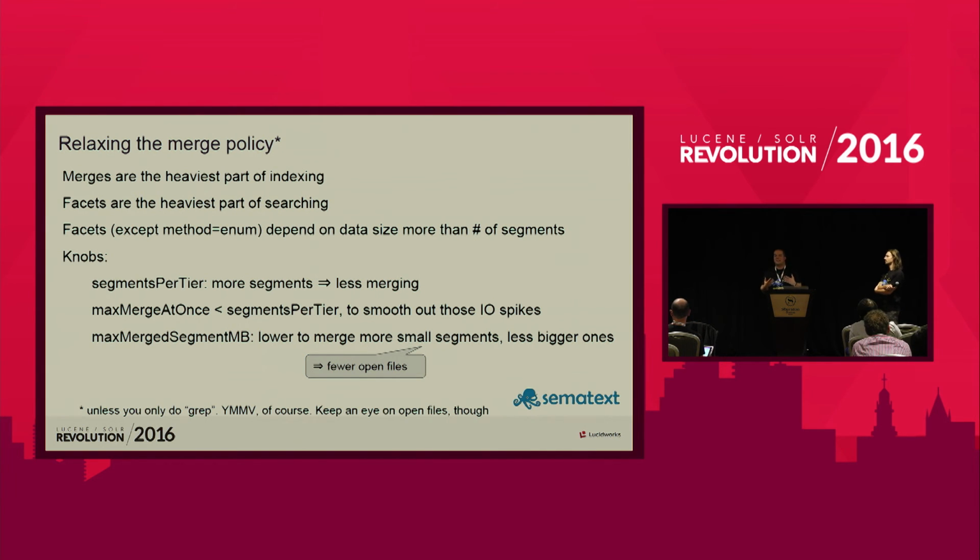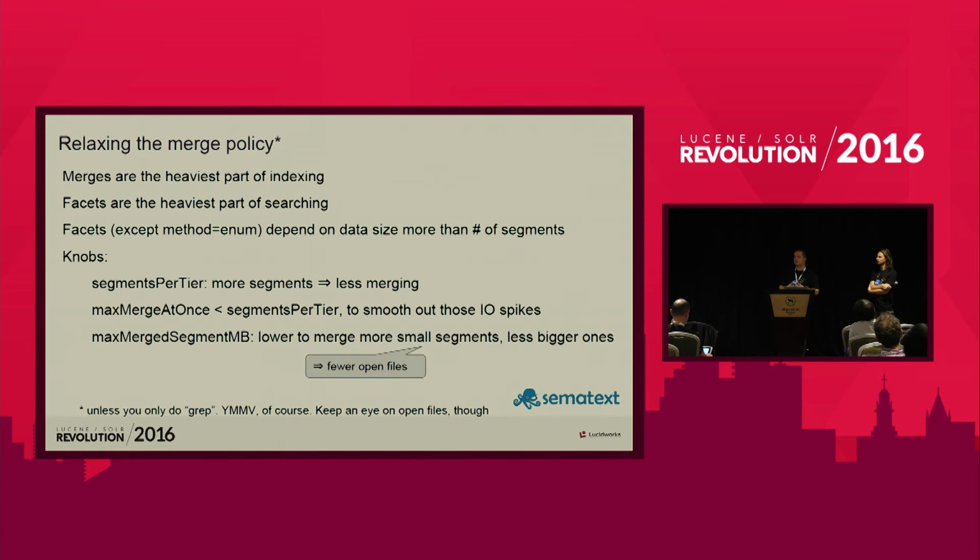Do not go as much up as with segments per tier, and that will smoothen out the I/O because of fewer segments being combined together at the same merge time, and it will smoothen this merge process in time, making your I/O and merge process more predictable. Again, better scaling. We can predict and account for merges when we scale our environment.